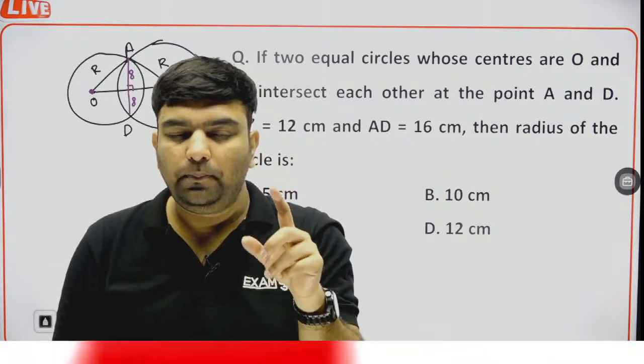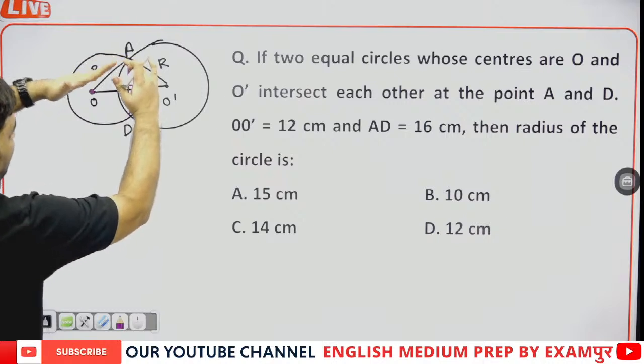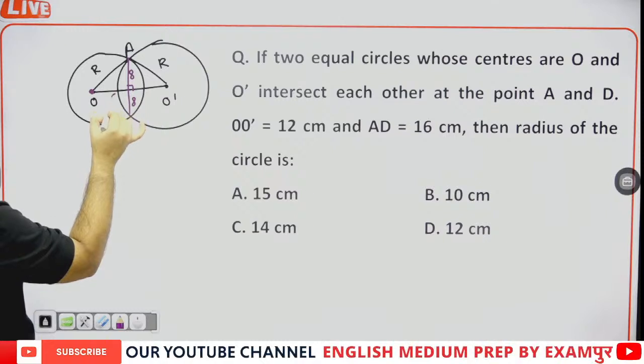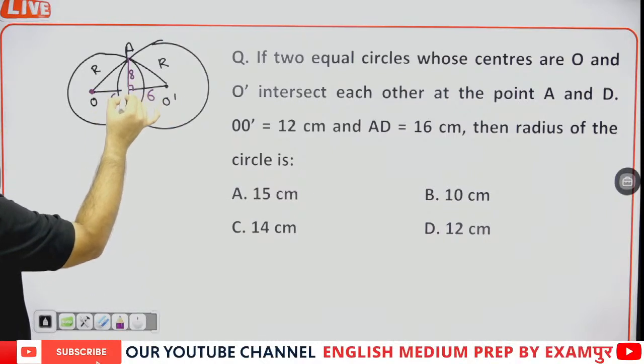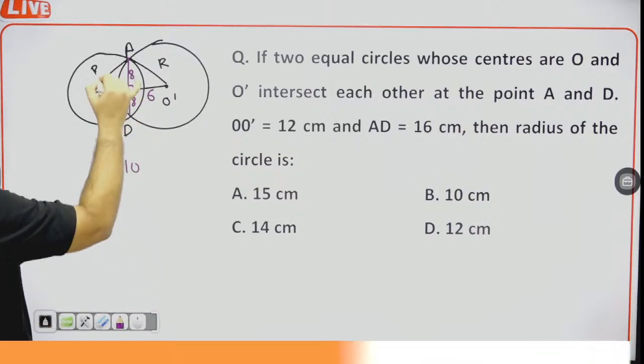So 12 becomes 6 and 6. With 8, 6, the radius is 10. 8, 6, 10.